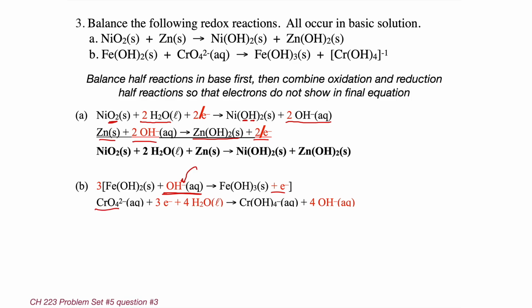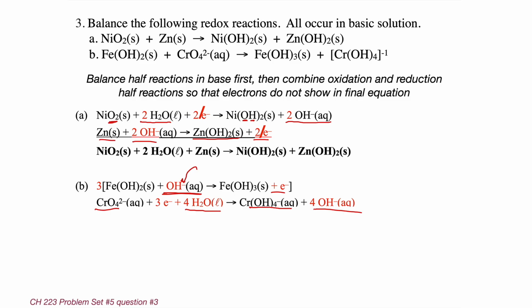We've got chromate now, and chromate is going to this CrOH4 -1 complex ion. The reactant side is certainly hydrogen deficient, so start by adding water to the reactant side and then add usually an equal number of hydroxides to the other side.